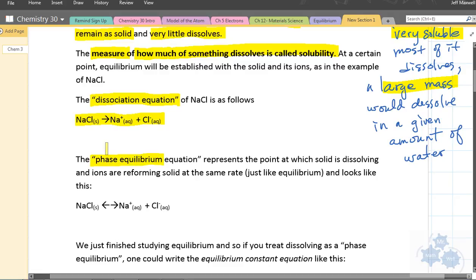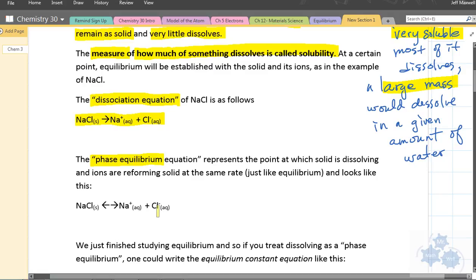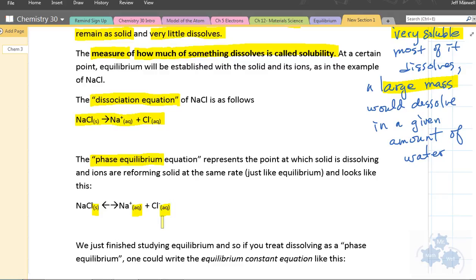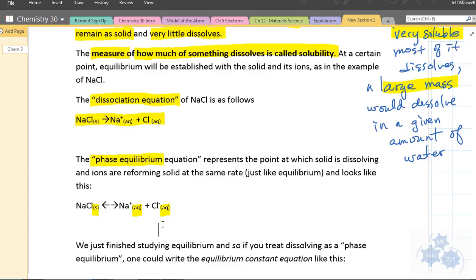Now remember, phases are solid, liquid, gas, but when we're talking about dissolving in solution, you're going to see solid, and then you're going to see aqueous ions here. You see? AQ. So phase equilibrium is like solid to aqueous ions, and back and forth. Aqueous means dissolved in water, literally.